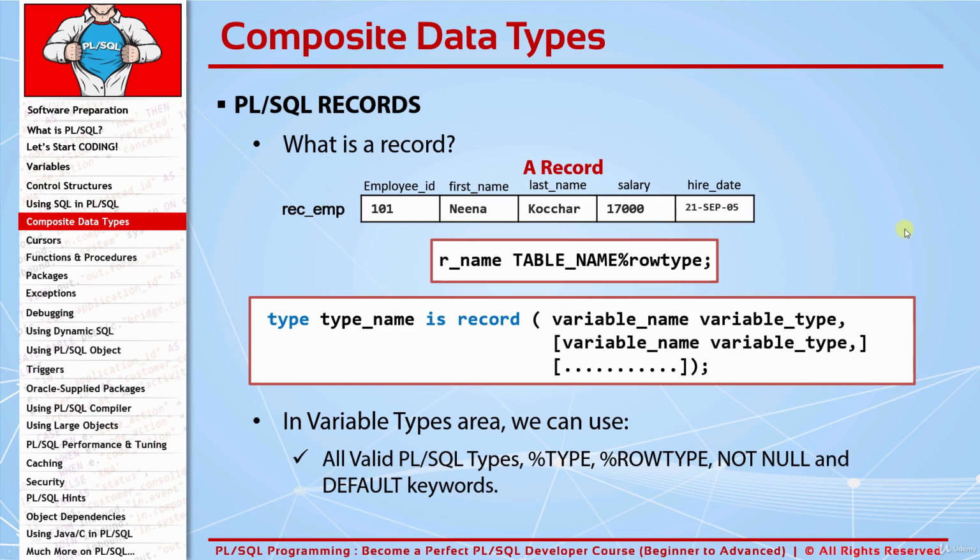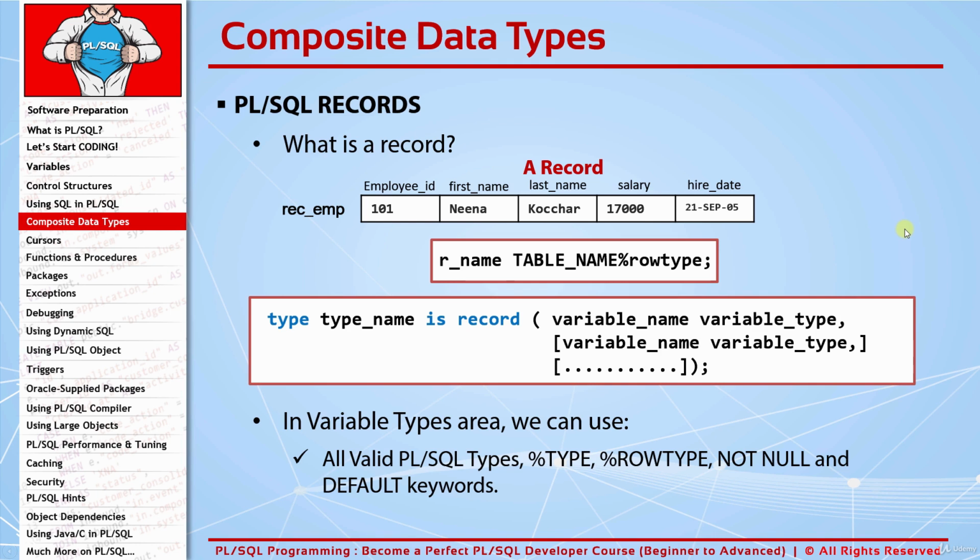Each variable must have a unique name in the record, but another record can have the same named variable. No problem on that. Here, we can have any PL/SQL scalar variables like numbers, dates, etc. Besides, we can use %type to get another variable's type or a row's type. Or we can have another record using %rowtype to copy a table structure.